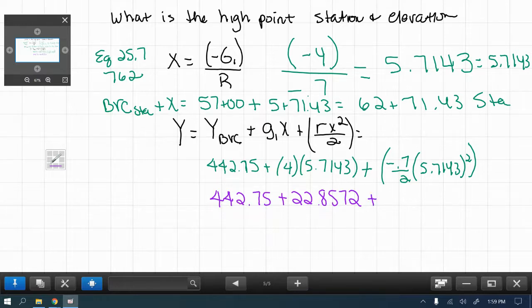And we know then half of 0.7 is that -3.5 times 5.7143.